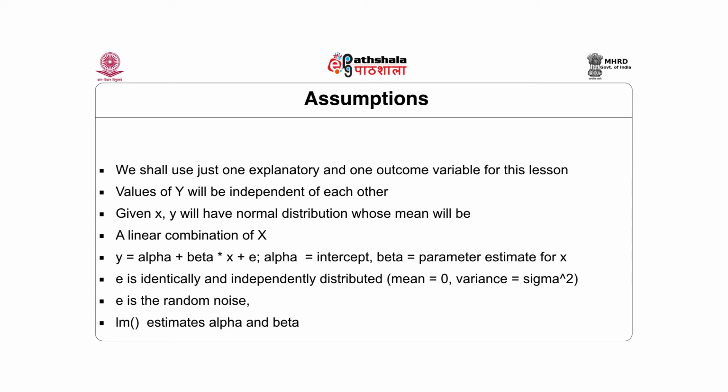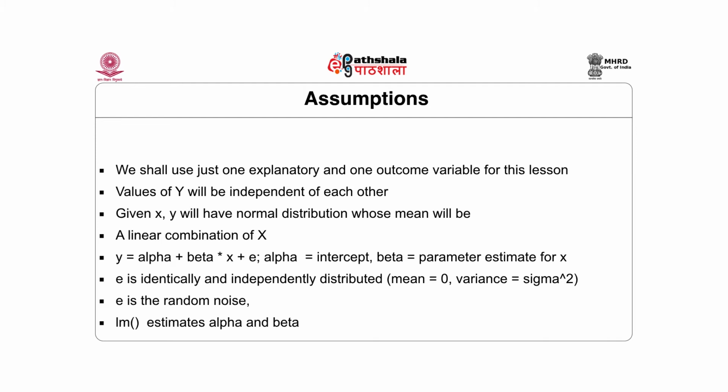So for us, it's going to be a case of y equals alpha plus beta times x plus e, where alpha is an intercept, and beta is the slope of x. So alpha is the intercept, beta is a parameter estimate of the slope along which the x is going to move, and e is referred to as the error term, which is identically and independently distributed, which means that like the y variable, the error terms should not be correlated with each other.